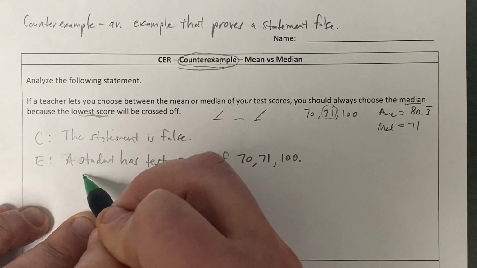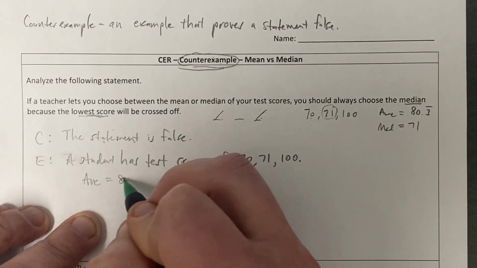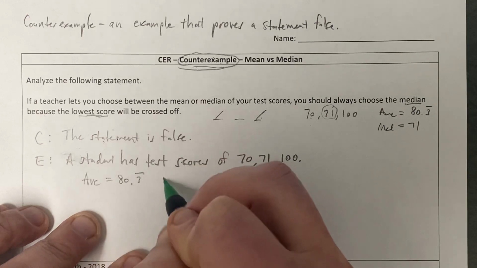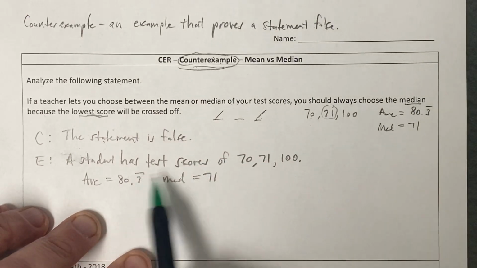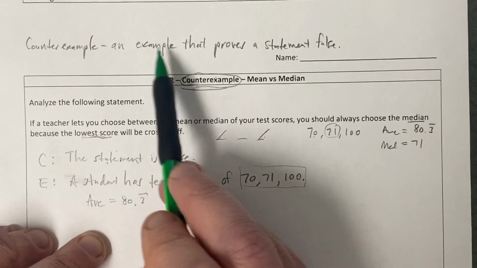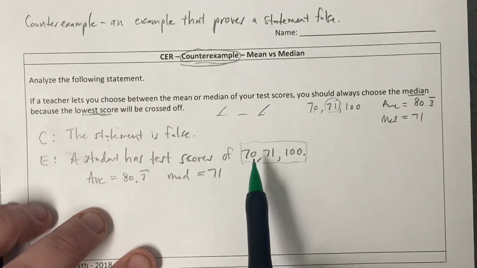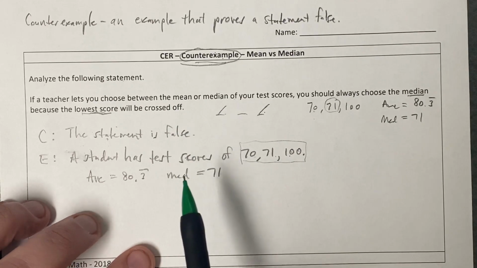And then let's calculate what the average is. The average is equal to 80.3 repeating, and the median is equal to 71. So this is our counterexample in this case. It's an example that proves the statement false. We found a specific example that shows that this statement is not true.